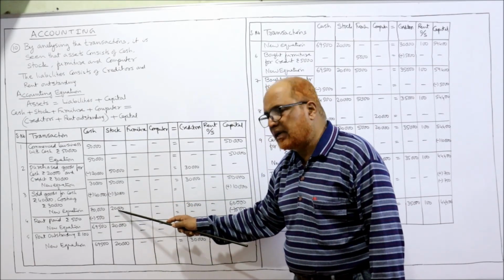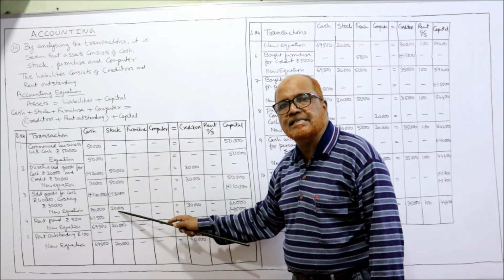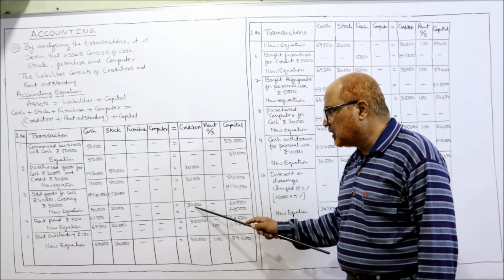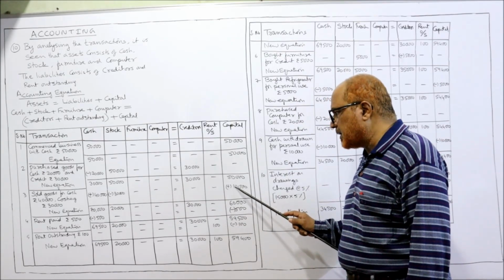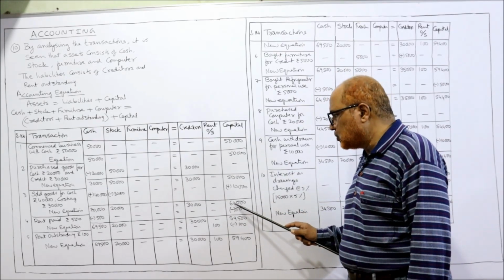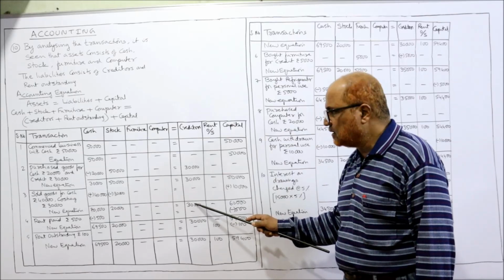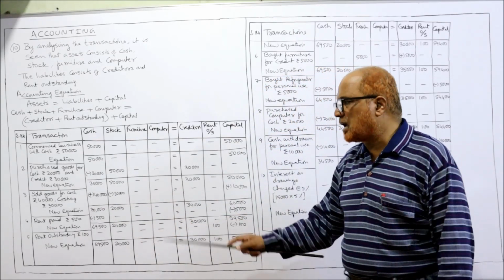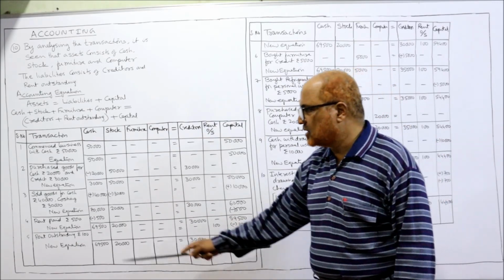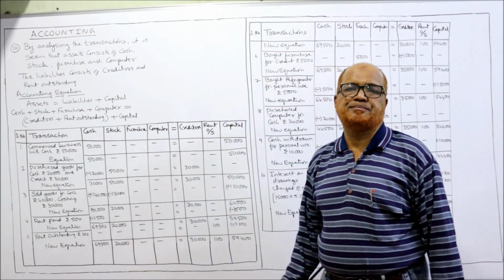So 70 plus 20, 90,000 is the asset. And this will be equal to 30,000 is the creditor and 60,000, 50 plus 10, 60,000 is the capital. So 60 plus 30, 90. Here 70 plus 20, 90. Assets is equal to capital plus liability. Equation satisfied.